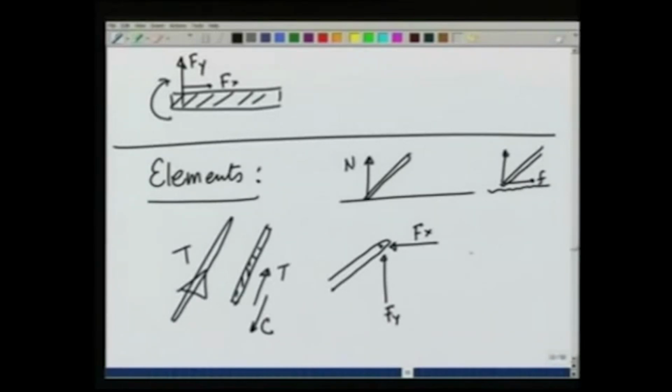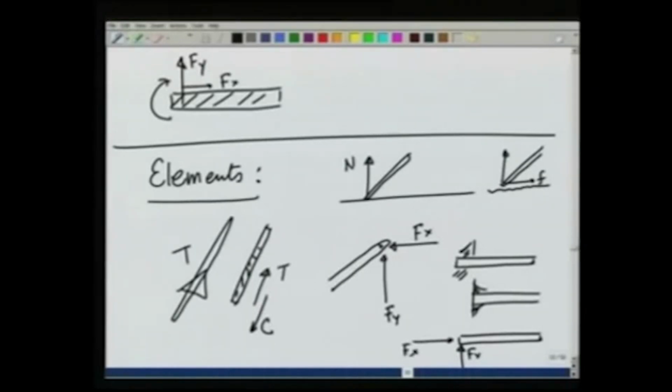And finally, we looked at built-in support systems or welded or glued support systems, and saw that these are capable of generating a vertical force, a horizontal force as well as a couple moment.